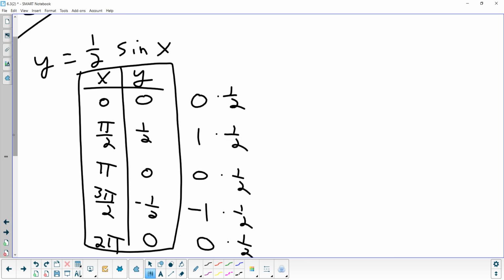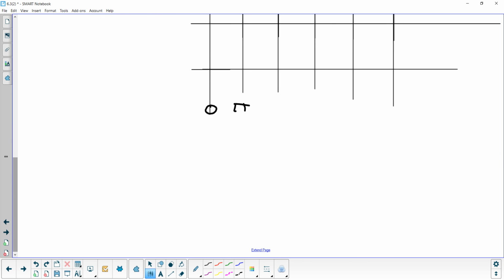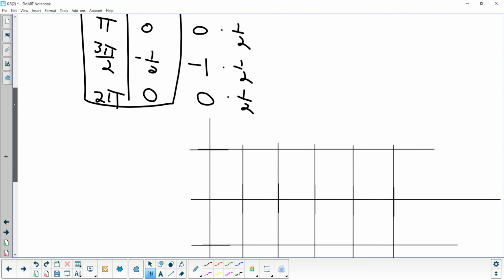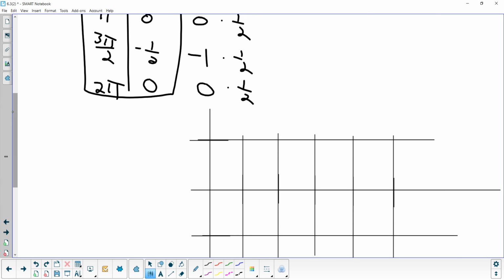Okay, now the sketch. Let's label our X-axis. Label your Y-axis, and this time you could leave it as ones and then go in between, or you could label the lines as halves: 0, half, -half.